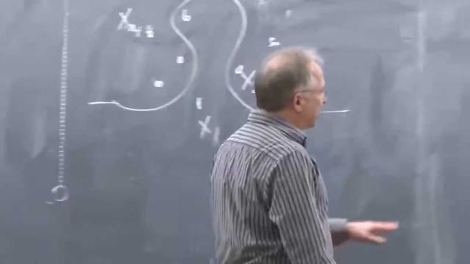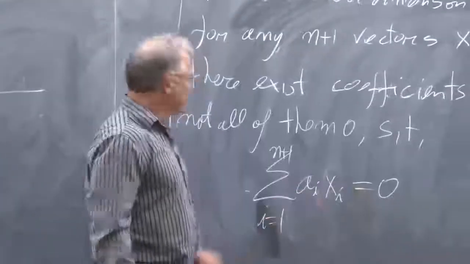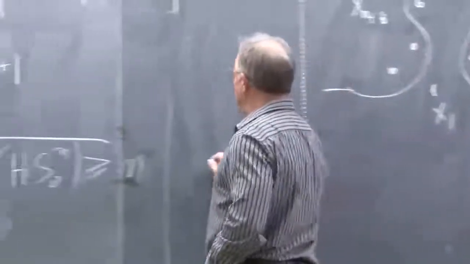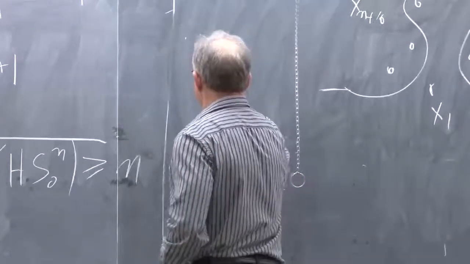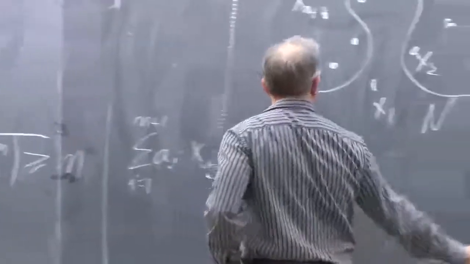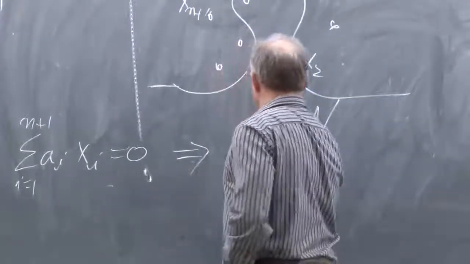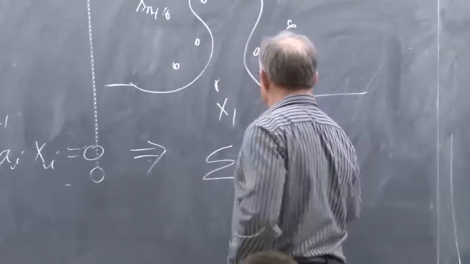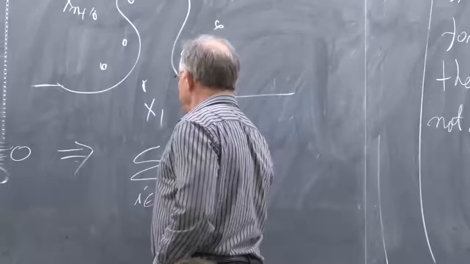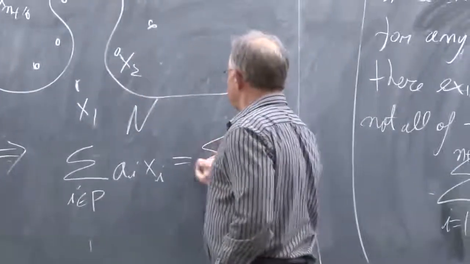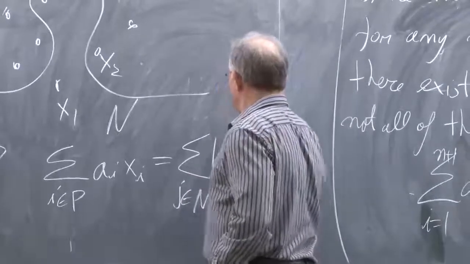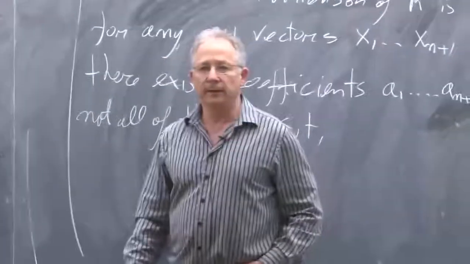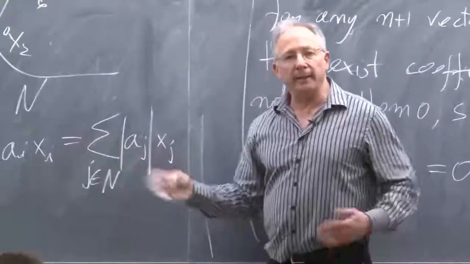Now, because the total combination is 0, I can conclude that sigma ai xi, i goes from 1 to n plus 1, is 0, that's what we know from the linear dependence, implies that the sum of ai xi, i in P, equals the sum of aj xj, j in N, when I take here the absolute value. See, if I add both of them together, I get 0.